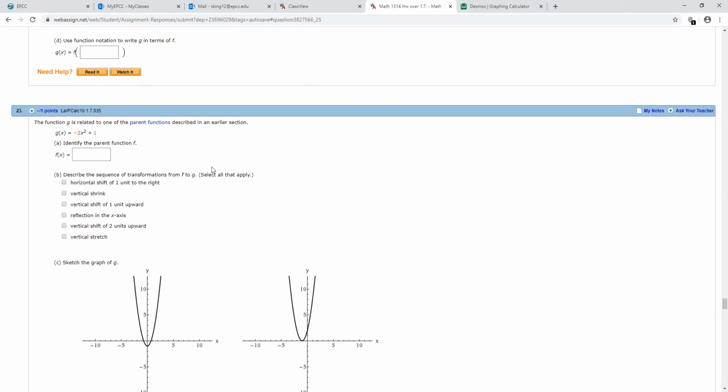Okay, let's see if we can do this one now by looking at it, but go faster. So, Griselda, what's the parent function on this one? The x squared.